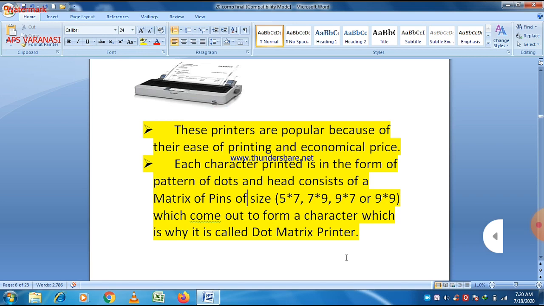They are very economical and very easy to use, and they consist of a matrix of pins of different sizes. These are the different sizes of matrix of pins, which make a character.